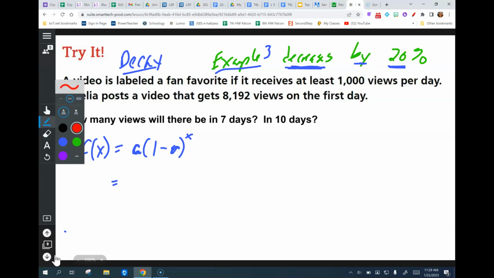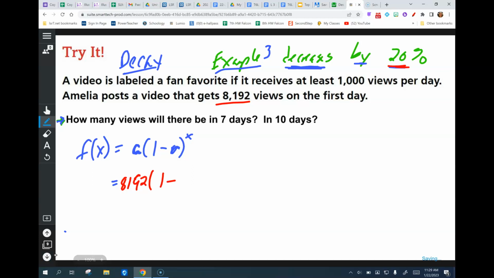The initial amount is 8,192. The rate it decreases by is 20%, but we have to change that to a decimal, so we move the decimal point, so it's 0.20. So our equation is 8,192 times 0.8 to the x. This is the function we're going to use.